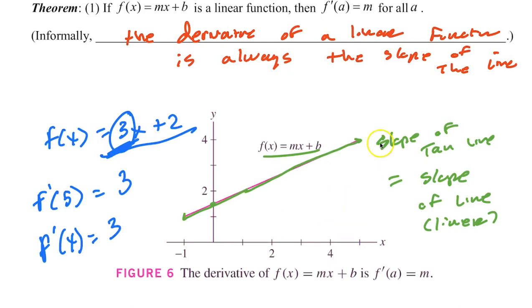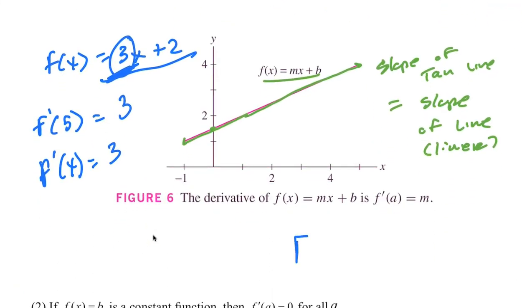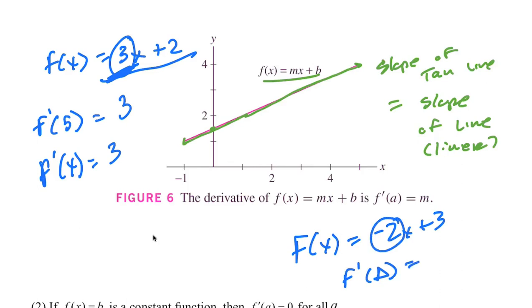No matter what I plug in there, the derivative is always going to be 3. It's the slope of the tangent line. Right? So that's the idea. I could give you f of x equals negative 2x plus 3. The derivative at any number has to be the slope every single time.